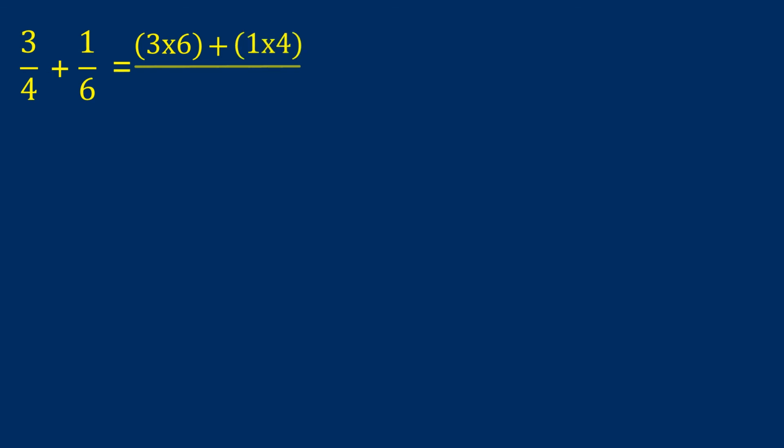Then, multiply the denominators, 4 by 6. 6 times 3 is 18. 4 times 1 is 4. 6 times 4 is 24. 18 plus 4 is 22. And the denominator is 24. So the answer is 22/24.